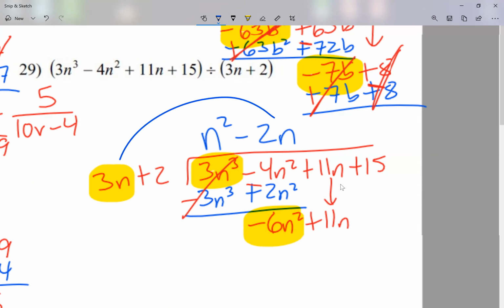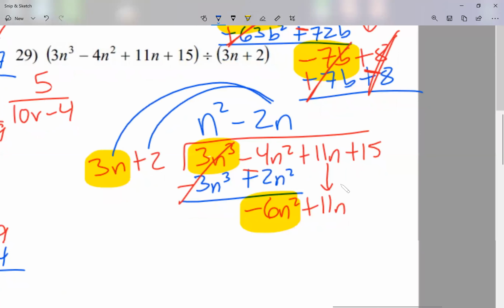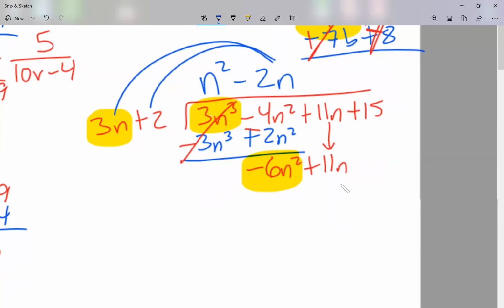Now let me multiply this negative 2n across. Negative 2n times 3n, that's going to give me negative 6n squared. Negative 2n times the 2 is going to give me negative 4n.